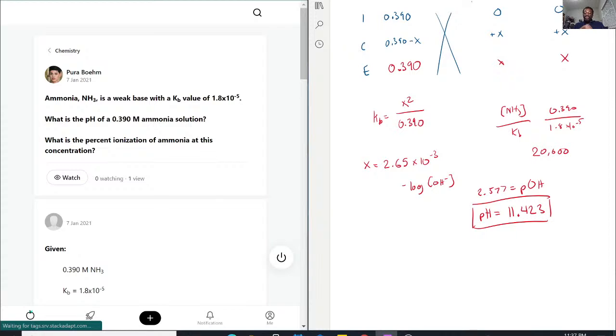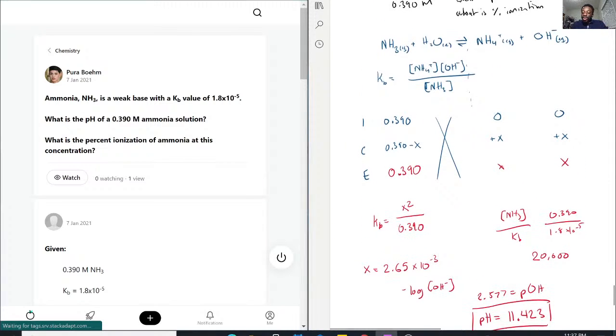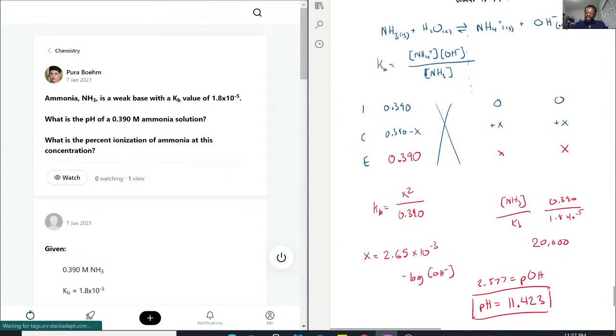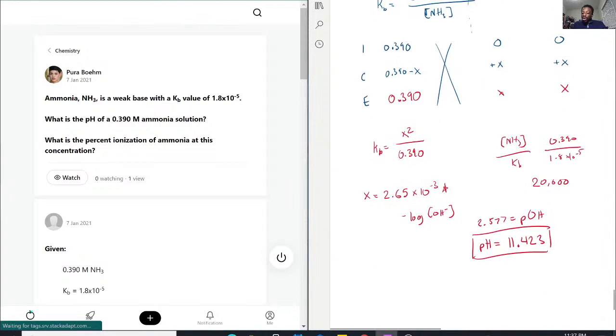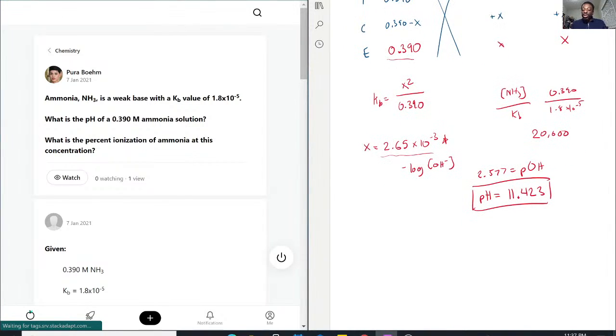Now, for the percent ionization, this one is a little bit tricky, but we'd actually use, I guess, our X value here, because this tells us how much of the NH3 dissociated. So what we would do is the concentration of what we have over the equilibrium concentration.